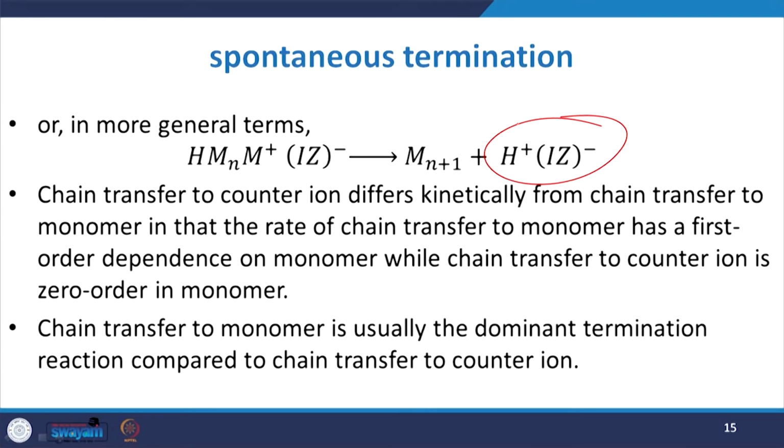Now the chain transfer to counter ion usually differs kinetically in that the rate of chain transfer to monomer has a first order dependency on monomer, while chain transfer to counter ion is zero order in monomer. Now, when we talk about chain transfer to monomer, this is usually the dominant termination reaction compared to chain transfer to counter ion.